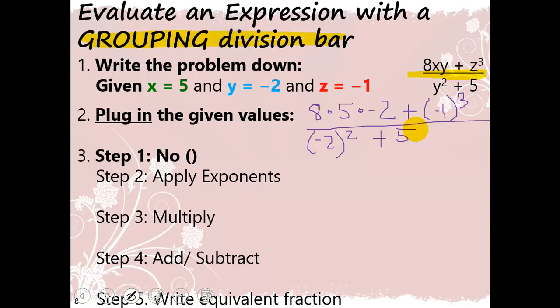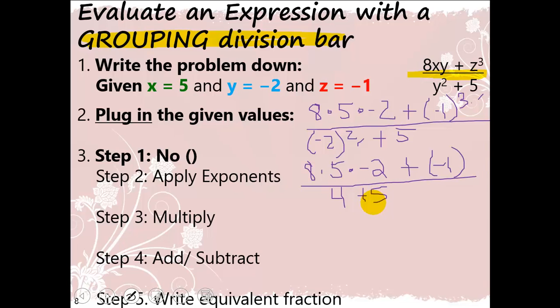Okay. Now I don't have any parentheses grouping symbols. This and this are exponents. So I'm going to apply those exponents, and I have 8 times 5 times negative 2 plus negative 1 over 4 plus 5.